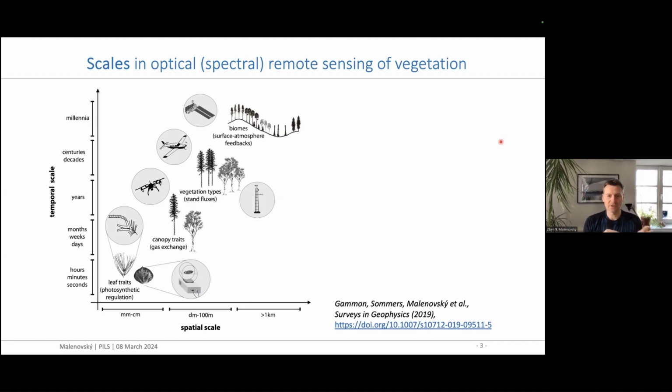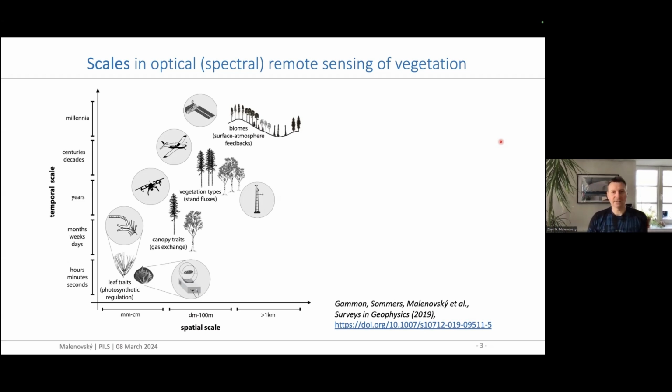As we go to the more detailed scale, so high resolution as well, the temporal scales are usually shorter, and then approaching larger scales, we usually acquire data within coarser spatial resolution when it comes to spatial, but as well longer time periods.